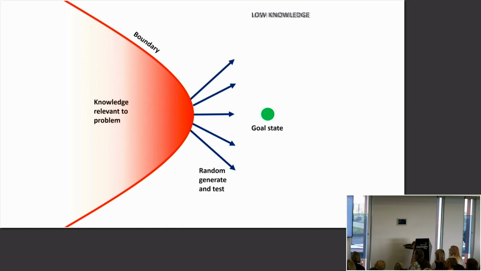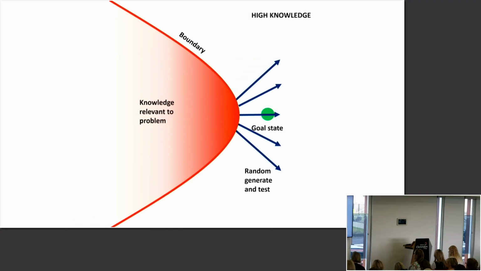If I've got more knowledge, I start closer to the goal state. So it's easier for me to reach it. So we can see that the acquisition of new knowledge is by random generate and test. And what we mean by an educated guess is just that we can surf knowledge closer to the goal if we've got more of it than if we have less.